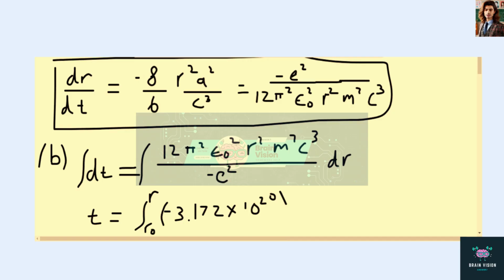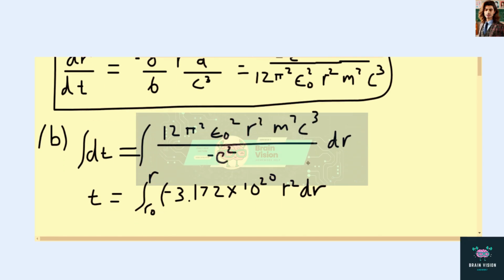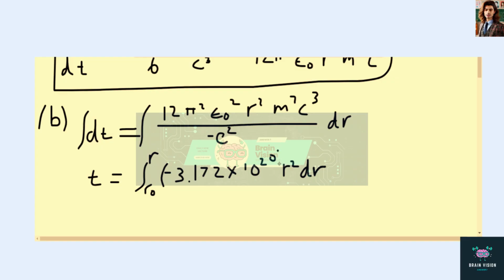So this is multiplied by r squared dr. Okay, so we integrate over r squared dr since the other value is just a constant.